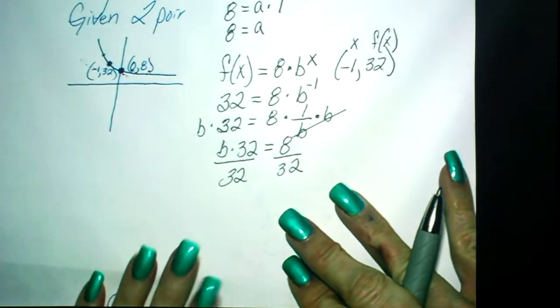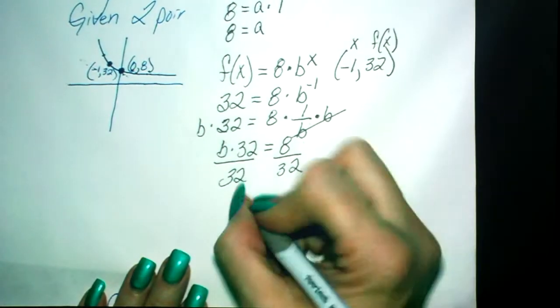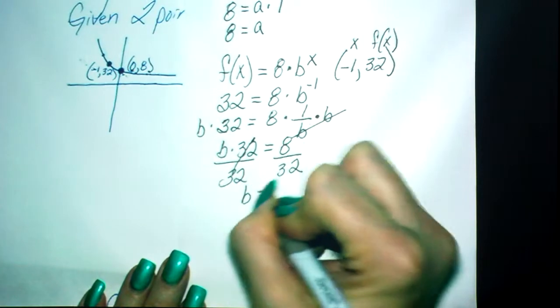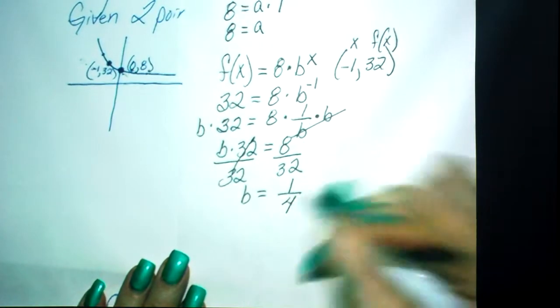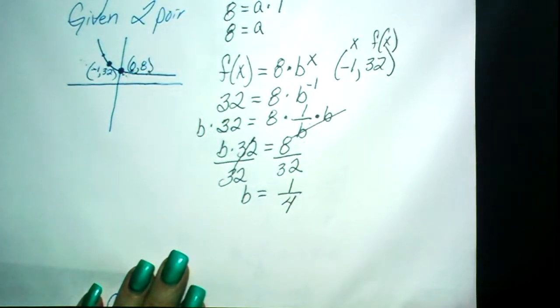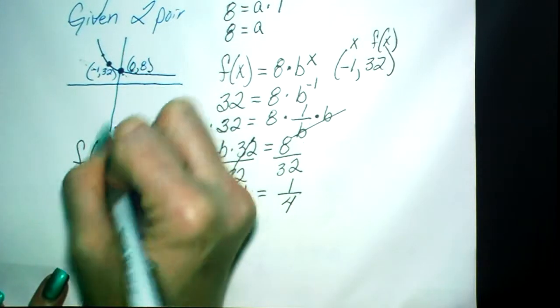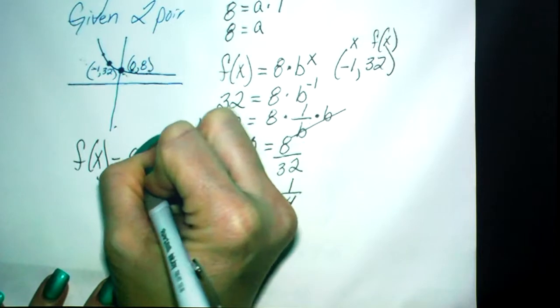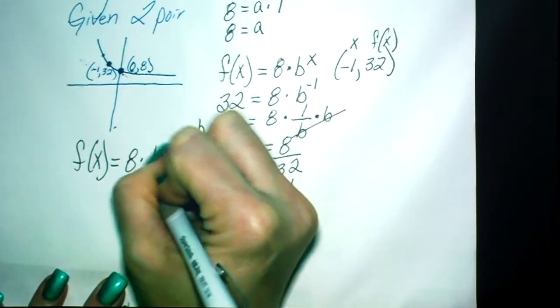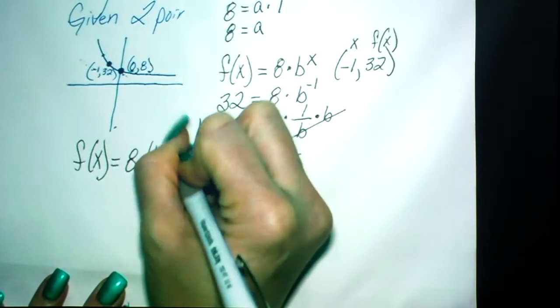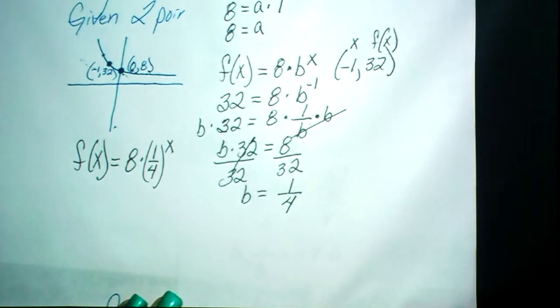Okay. And so 32 is cancelled, b is equal to 1 over 4. So my function for this graph is f of x is equal to 8 times 1/4, let's put it in parentheses, to the x power. Okay?